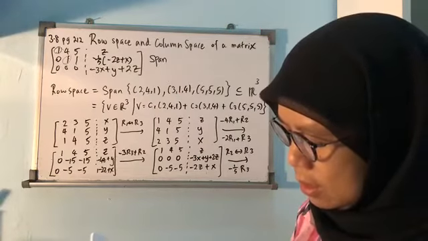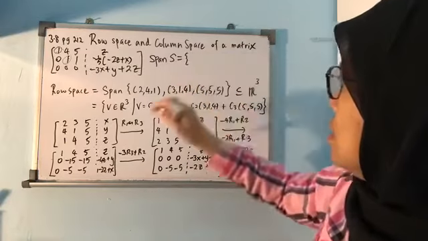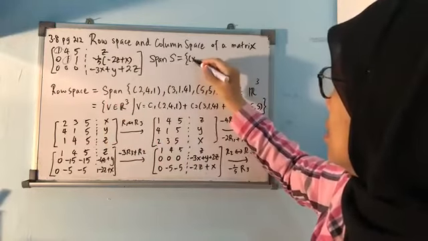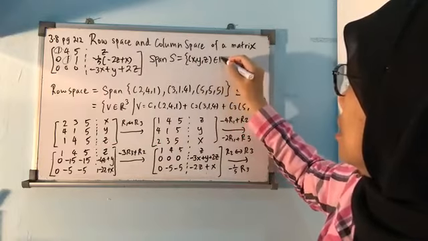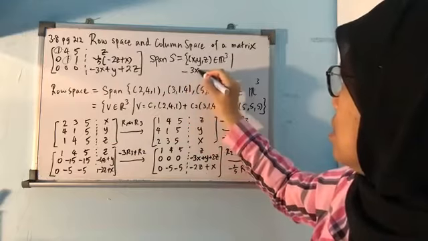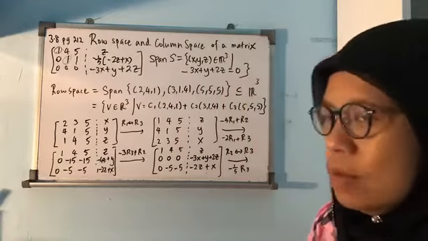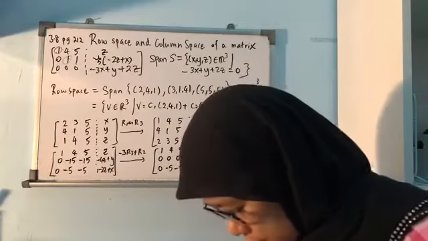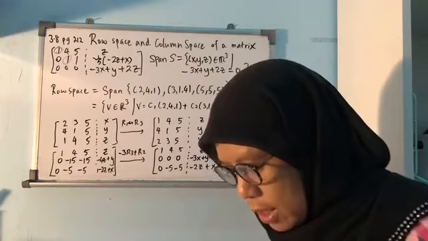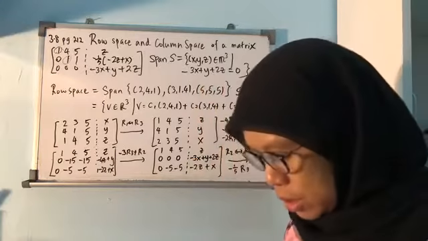If S is the row space, span of S is the span of this, which is X, Y, Z in R3, such that negative 3X plus Y plus 2Z equals 0. This is how I get the answer.